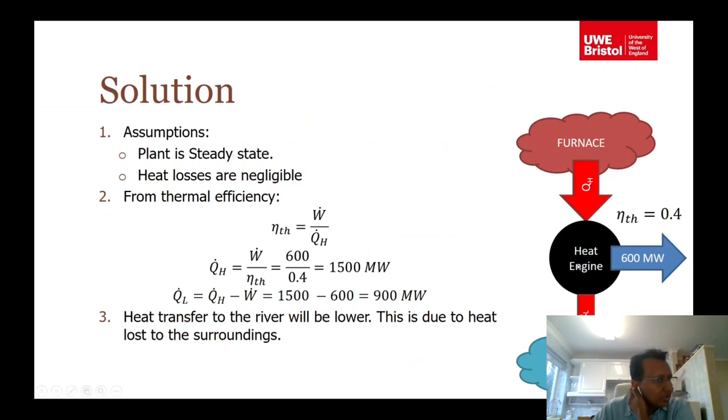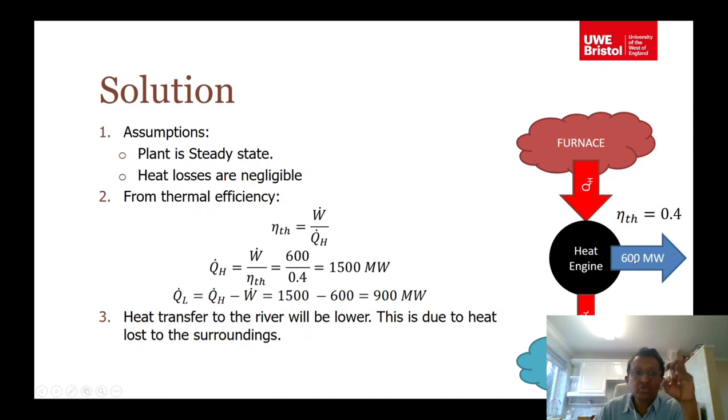Suppose you really want to transfer heat from a cold reservoir to a hot reservoir. When heat transfers from a hot reservoir to a cold reservoir, there will be work rejected.